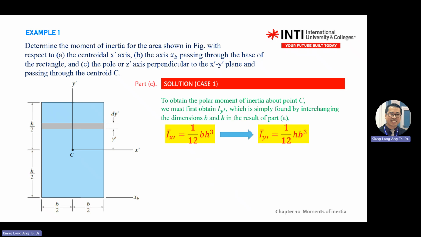Because when it changes to Y prime, we flip the distance from the centroid to the y-axis. So the equation will change from the left-hand side to the right-hand side. The derivation steps are still the same. You arrive at this one.